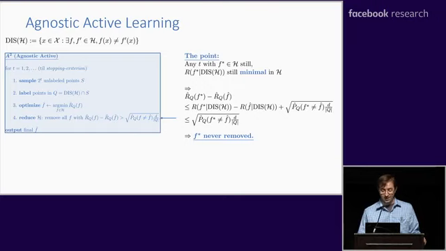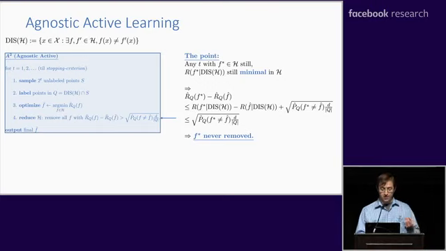The point is that if at the beginning of a round f star, the best classifier in the hypothesis class, is still in the hypothesis class, or the version space, the pruned down hypothesis class, then because all the classifiers in H at the beginning of a round agree outside of the region of disagreement, f star is still the best classifier conditioned on the region of disagreement. So it still has the smallest risk under the conditional distribution given the region of disagreement.